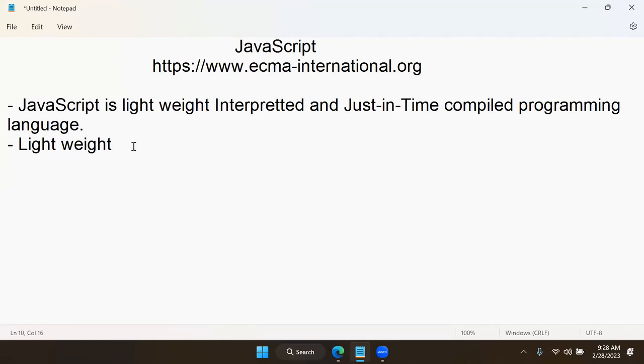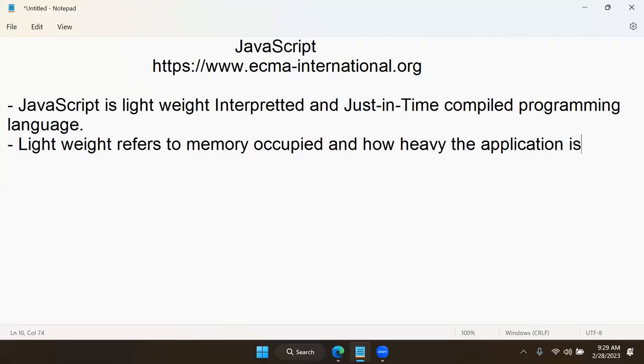Lightweight refers to the memory occupied, how much memory it occupies and how heavy the application is.